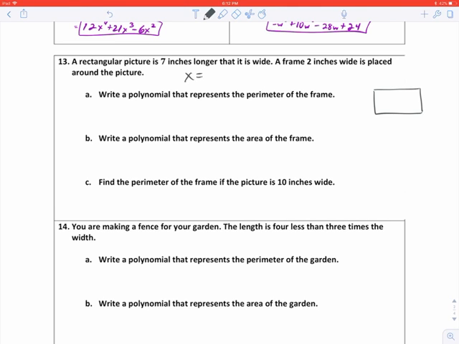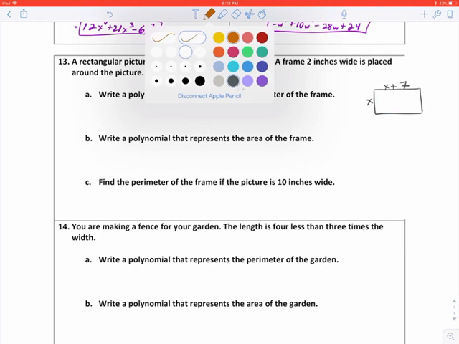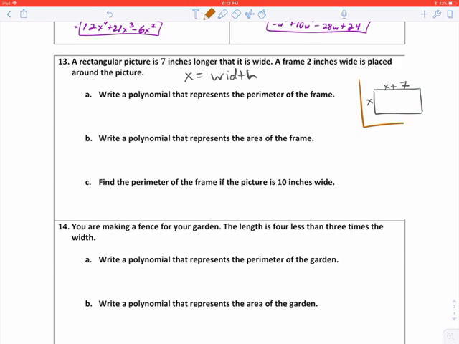and I'm going to let x equal my width. If x is my width, I know that my length is 7 inches longer than it is wide. It doesn't specifically say length, but one side is 7 inches longer, so I'm going to call this side x plus 7. But I have this frame that goes all the way around it, and this corresponds to x plus 4.